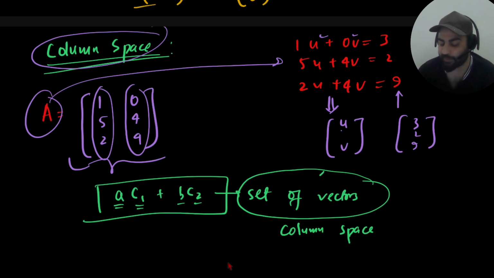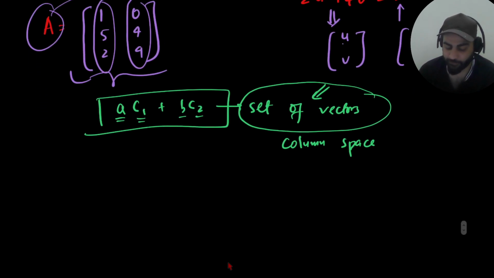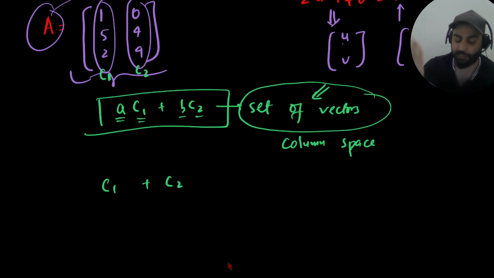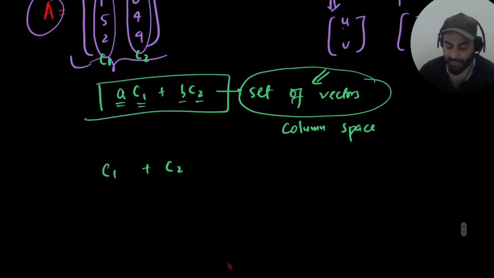So we'll get a bunch of vectors from here. Let's call this column 1 and this column 2, with coefficients a1 and b1.